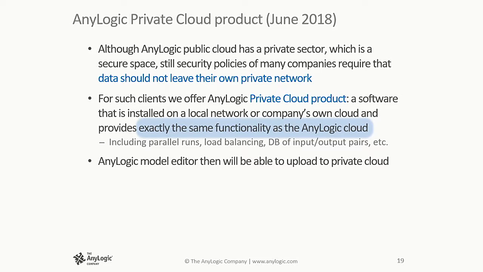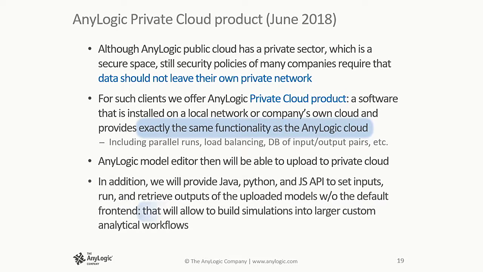And it looks exactly the same as AnyLogic Public Cloud, with all the functionality in there, like this input-output database, load balancing, distribution of runs, etc. Then your modelers will be able to upload either to the public cloud or to your private cloud, in which case the uploaded model will not leave your private network.